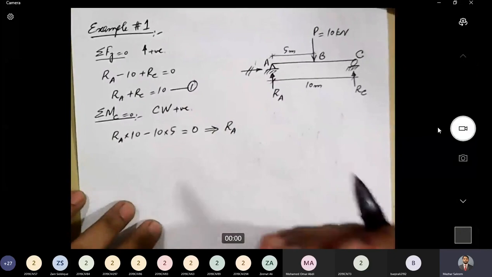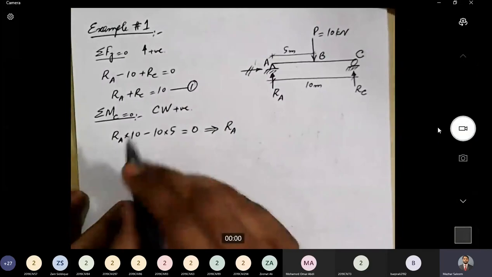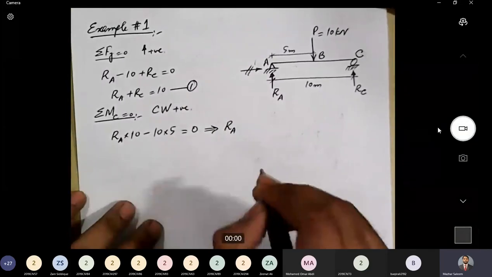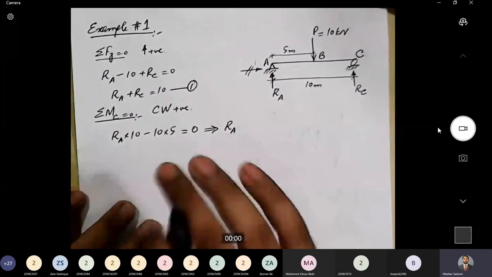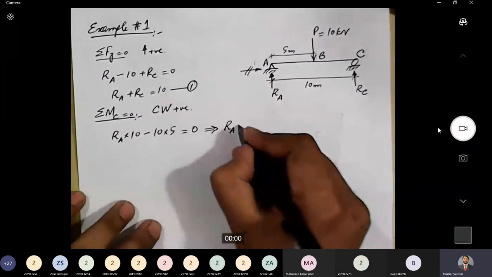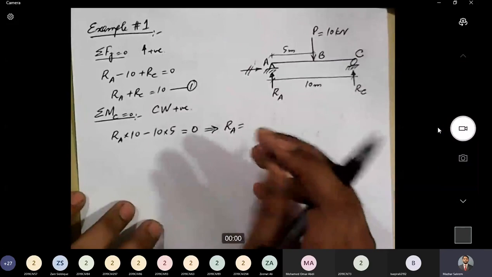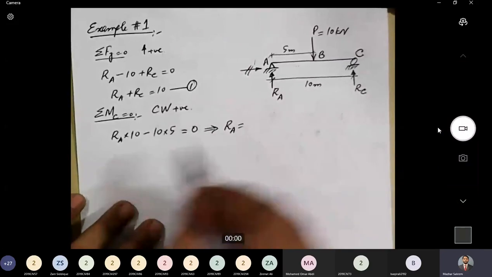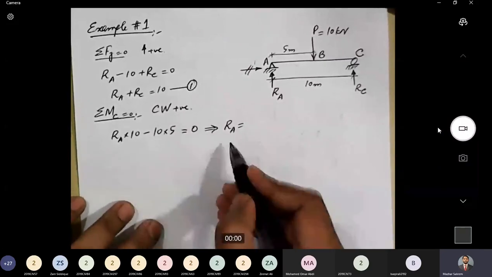That option is certainly there, but I strongly recommend that you write down these lecture notes, solve these numerical problems with me, and calculate all these variables. Only then will you be able to develop good understanding. So I want the answer of RA from this equation.